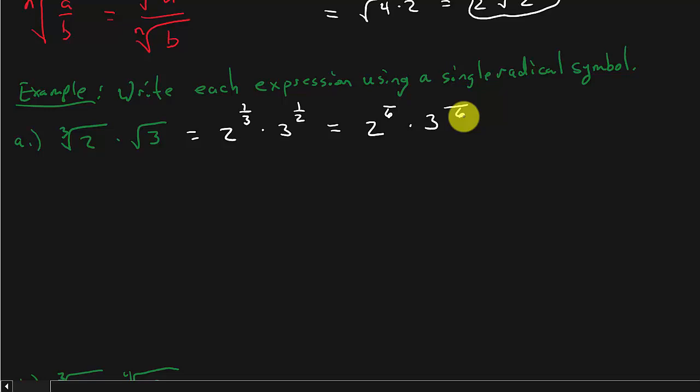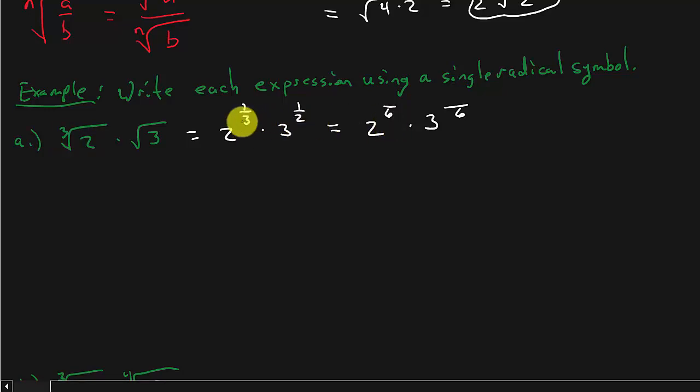All right. So remember what I said. We've got to have our indexes be the same. And remember when we were working the problems where we were converting from radical form to exponential form and exponential form to radical form? Remember, the denominator is your index, right? And what do I need? I need the indexes to be the same, so I'm just going to get a common denominator.